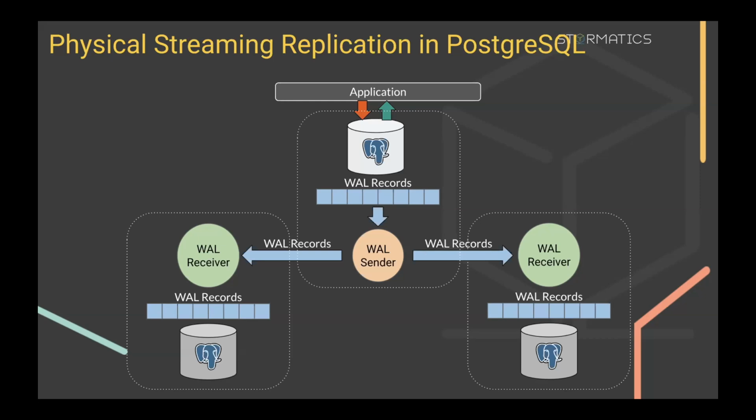Regardless of which of those two methods is used, they depend on WAL records being written and then sent. We will go into more detail on this as we go on. Write-ahead logs form the basis of all kinds of replication as well as high availability in Postgres, so they are central to the entire theme.